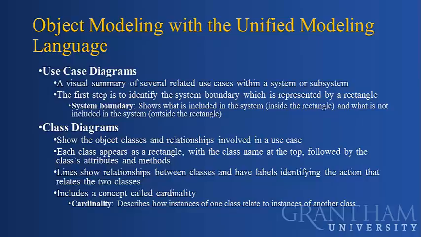Each class appears as a rectangle with the class name at the top, followed by attributes and methods. Lines show relationships between classes and have labels identifying the actions that relate the two classes. Class diagrams include a concept called cardinality. Cardinality describes how instances of one class relate to instances of another.